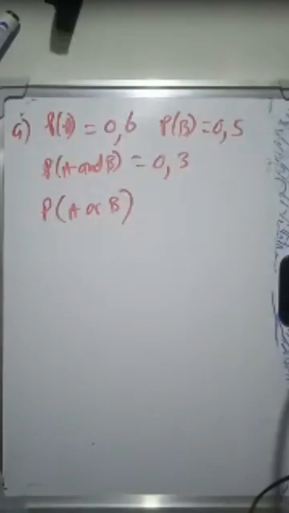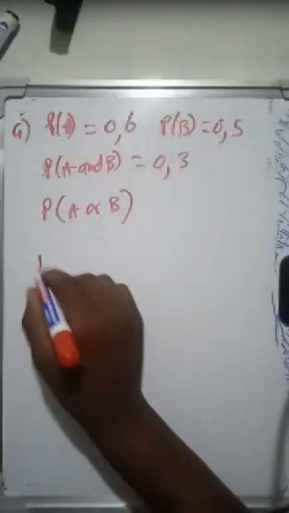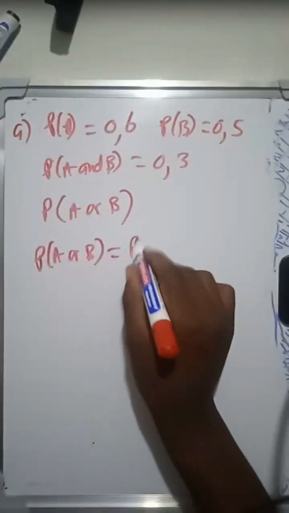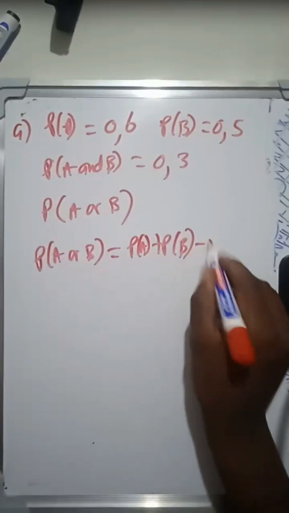Right? That is simple. Which rule are we going to use, if you remember, in order to calculate the probability of A or B? We numbered them 1, 2, 3, 4. We're going to use the general rule because the probability of A or B is equal to the probability of A plus the probability of B minus the probability of what?